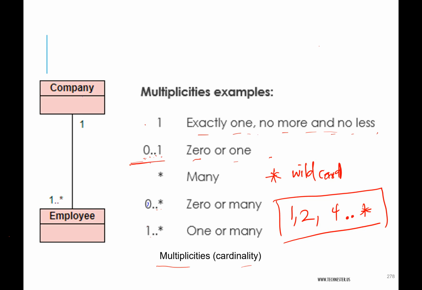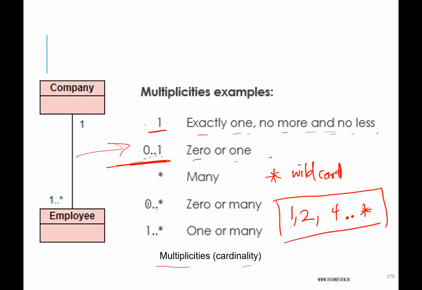If you look at this one, we said 0 dot dot 1 means 0 or 1. Then it follows that all these numbers dot dot many means these numbers or many. But which numbers are these? Remember, I said if you write 1, you mean exactly 1, no more, no less.